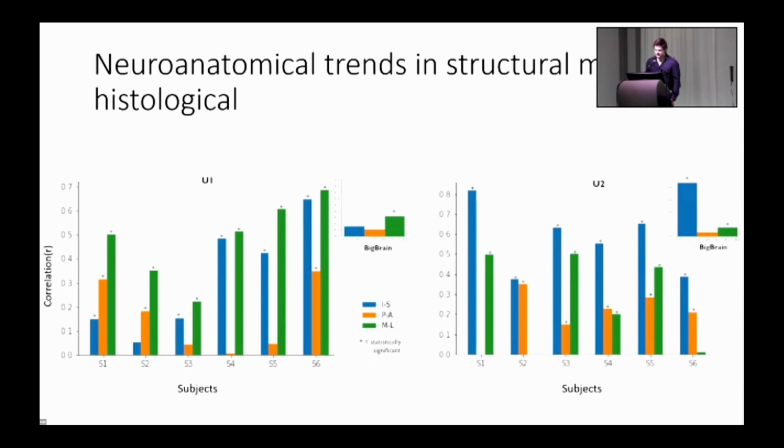So finally, to validate this application of this approach to in vivo data, we wanted to see if spatial variations of the 2 UMAP components uncovered in each participant followed a similar pattern to what we saw in BigBrain.